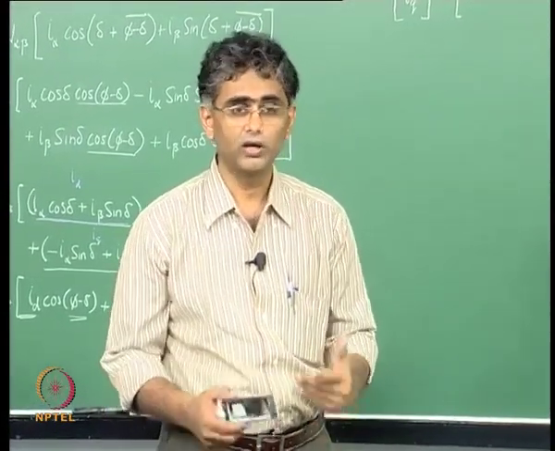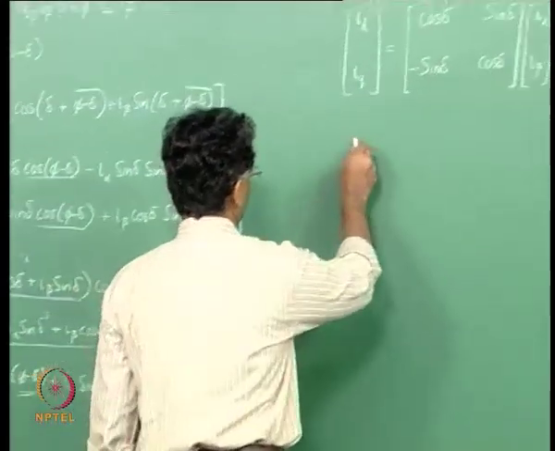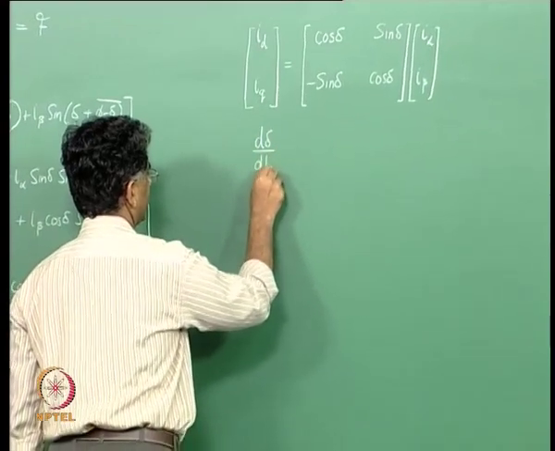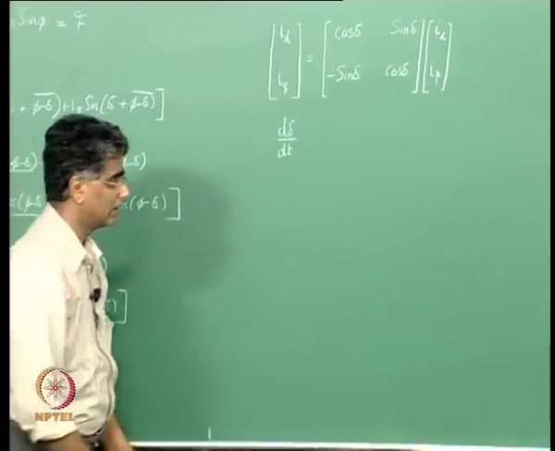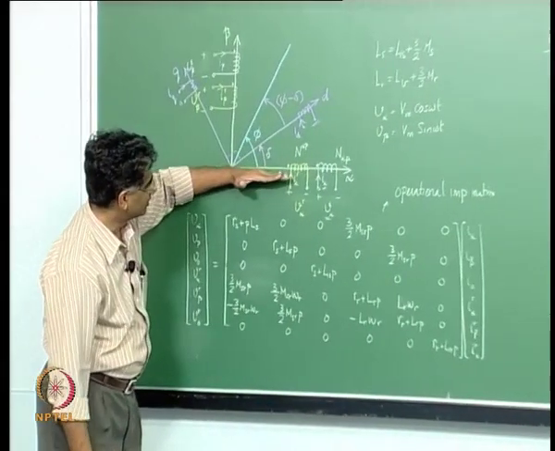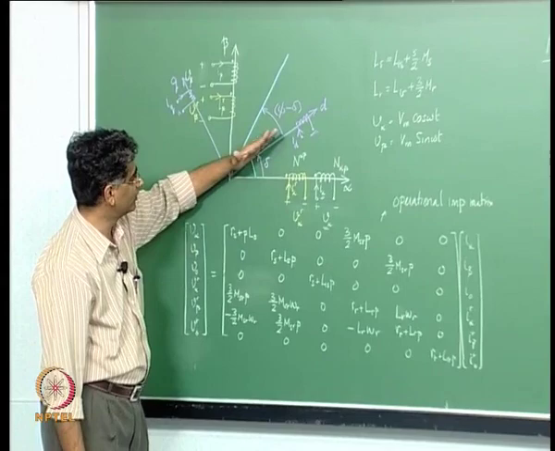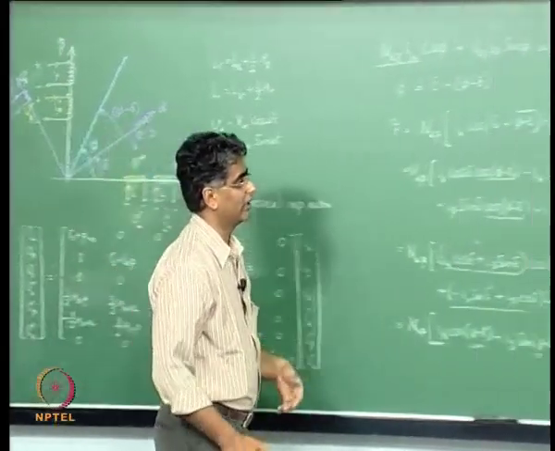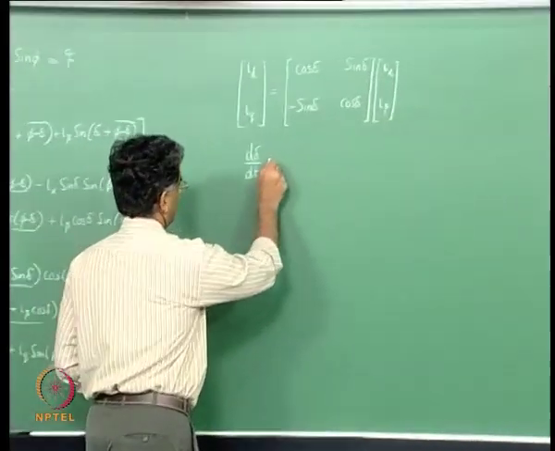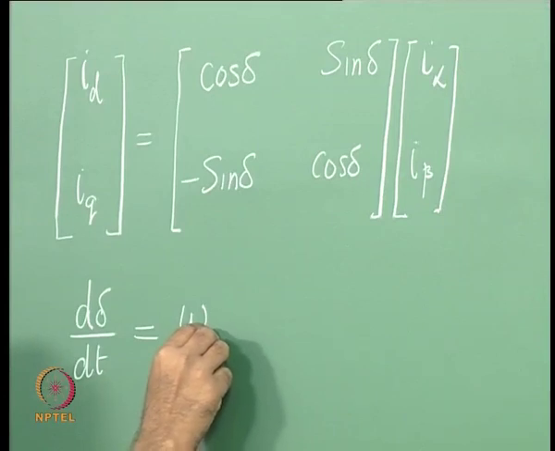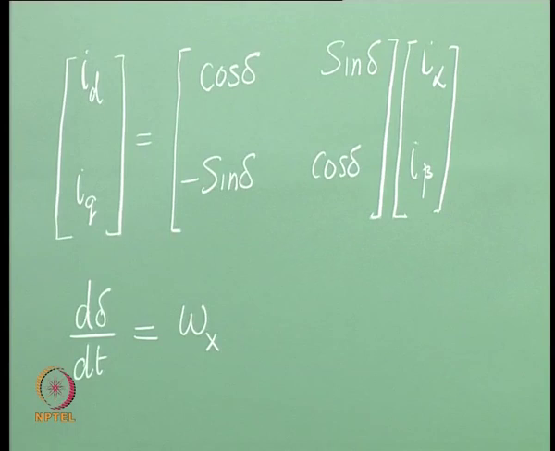Now again, why is it arbitrary? Because of the speed of rotation, that means d delta by dt, delta being the angle made by this d axis with respect to the alpha axis, and if this is going to be rotating, delta is changing with time, and d delta by dt we will simply call omega x. We do not know what that speed is.